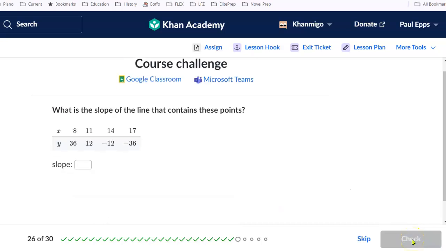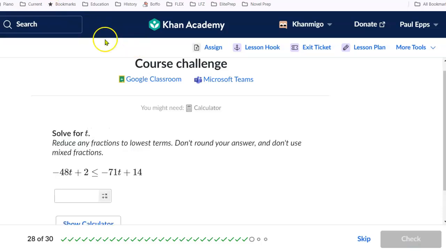What is the slope of the line that contains these points? Okay, I need a pen here. Let's see. All right, so first of all, let's add 71t to both sides.